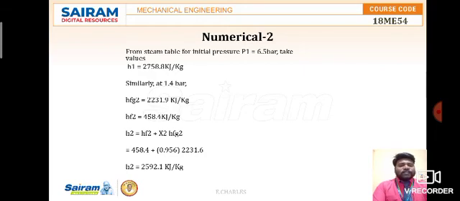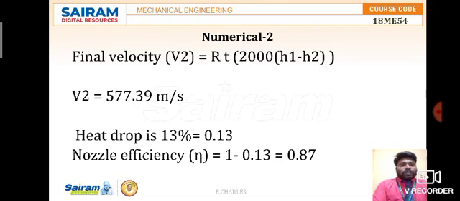We can see the difference: the H1 value is more and the H2 value is less, because of the presence of wet particles, so the final enthalpy has come down compared to the initial enthalpy H1. If you substitute all these values, we get V2 equal to 577.39 meters per second.